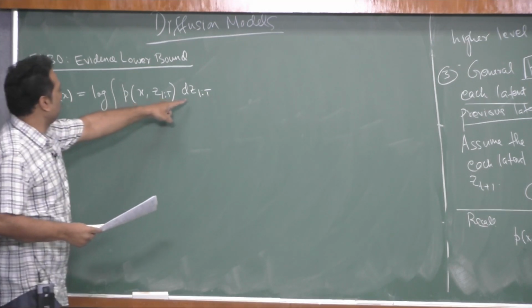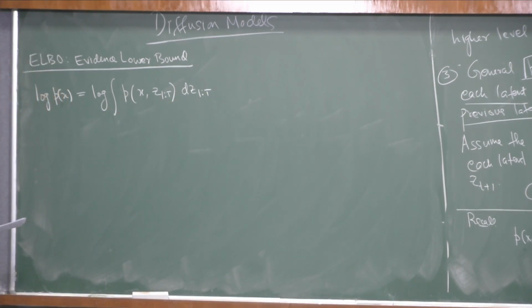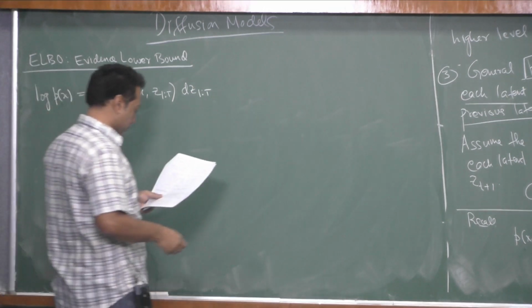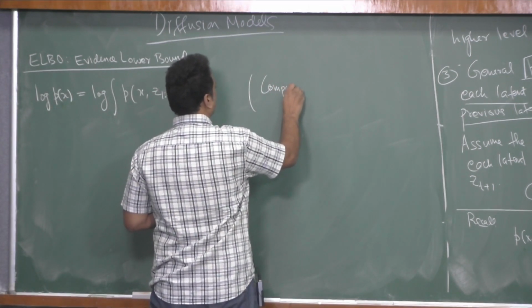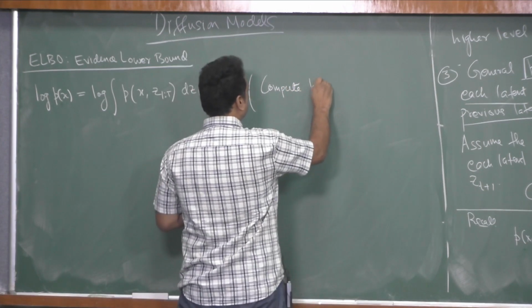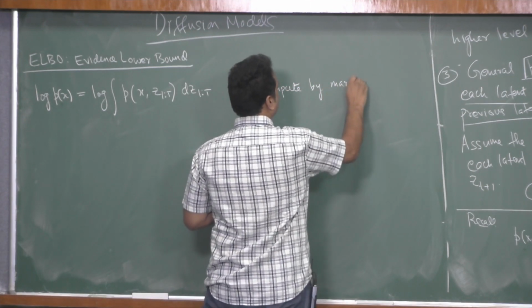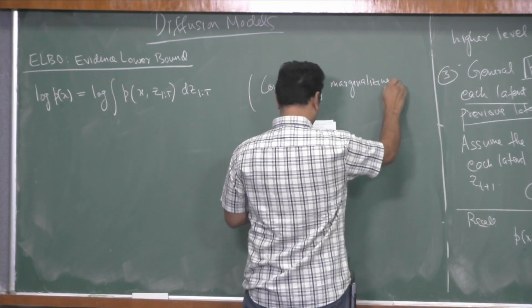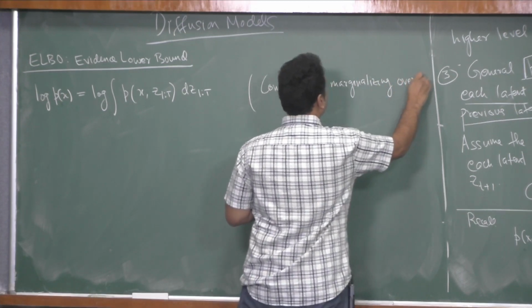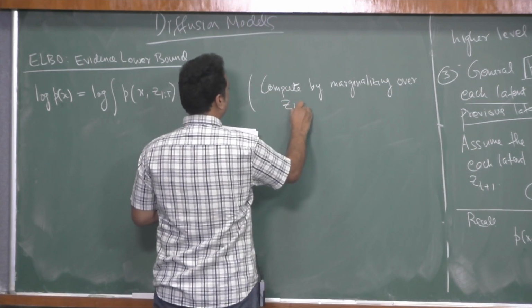So hence I have to integrate over all of the z. Okay, so this is what this step means: compute by marginalizing over z1 to t.